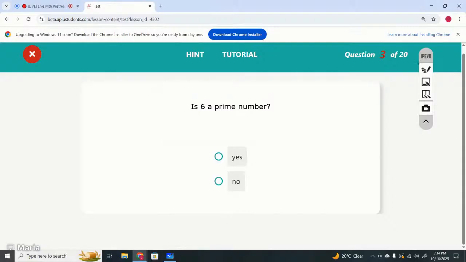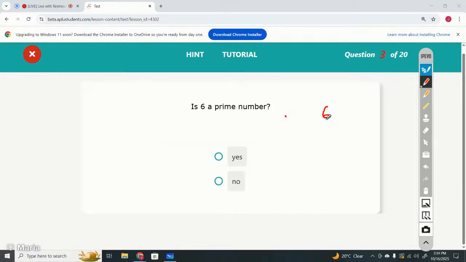Is 6 a prime number? No, 6 is not a prime number. It can be divided by 2. It can be divided by 3. It can be divided by 6 and 1 itself.